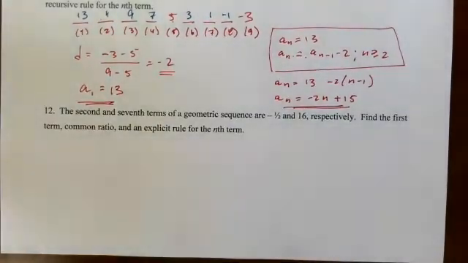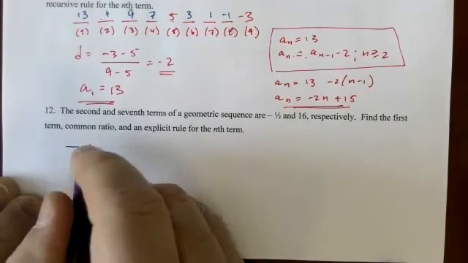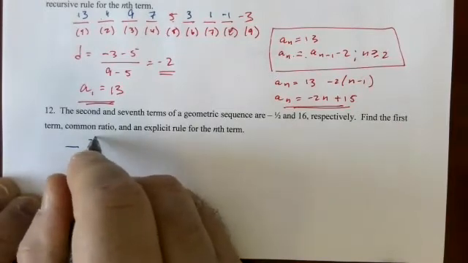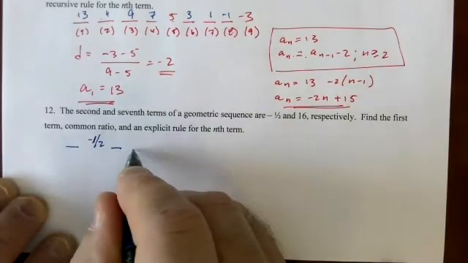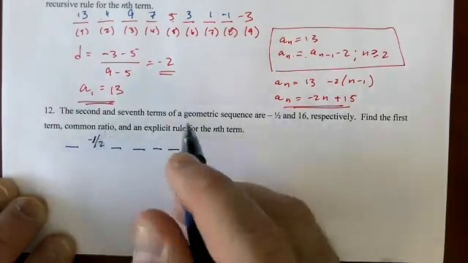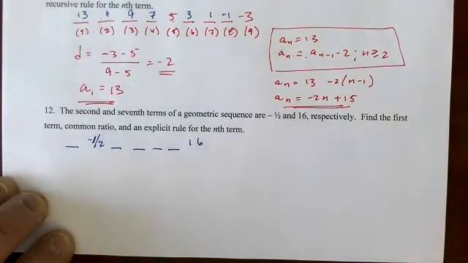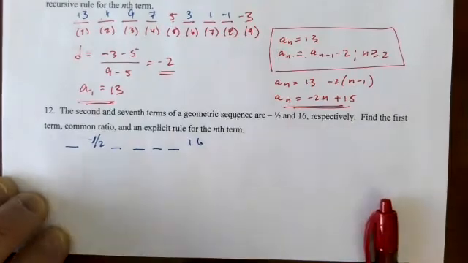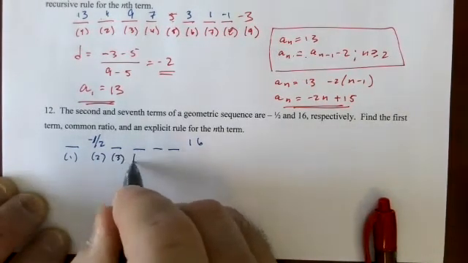Now we do it again for geometric. 1, negative 1 half, 3, 4, 5, 6, first, second, and 16. Not that I need to do this, but it couldn't hurt.